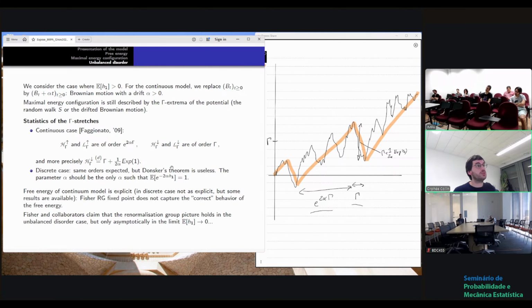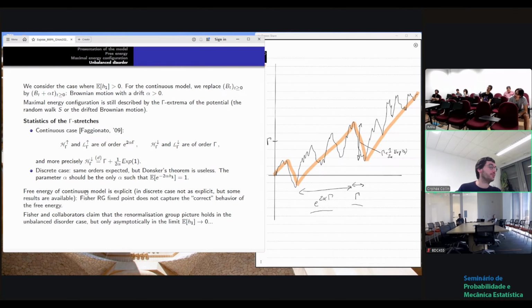But the problem is we can't use Donsker's theorem anymore to derive the discrete case from the continuous case because of this drift. And in fact the parameter alpha, which would intervene in the discrete case, is not the mean of H as you could expect, but it's rather the real number alpha which satisfies this equation.